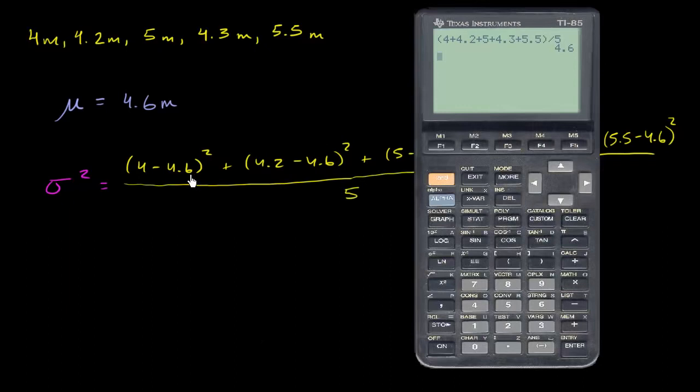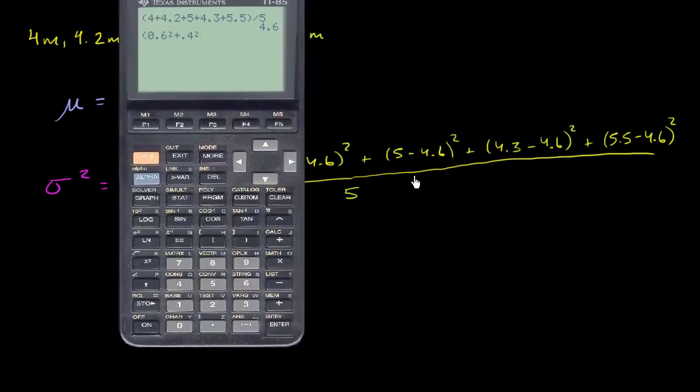So 4 minus 4.6 is negative 0.6, and negative 0.6 squared is the exact same thing as 0.6 squared. So 0.6 squared plus 4.2 minus 4.6, which is negative 0.4. But when we square it, the negative is going to disappear, so plus 0.4 squared. Then we have 5 minus 4.6, that's 0.4, so plus 0.4 squared. 4.3 minus 4.6 is negative 0.3.